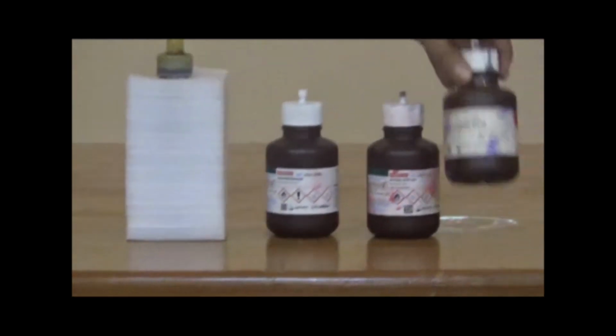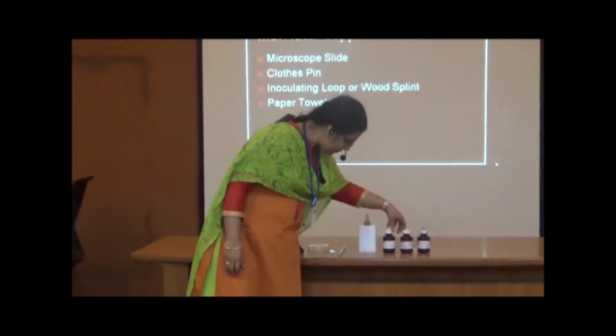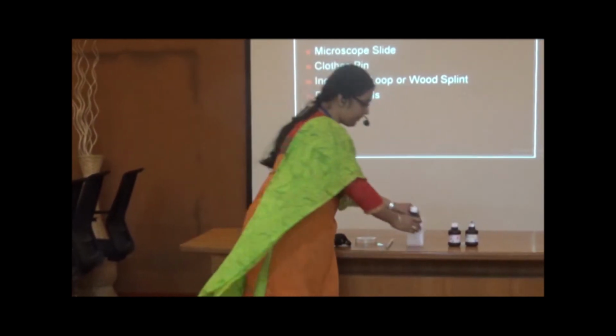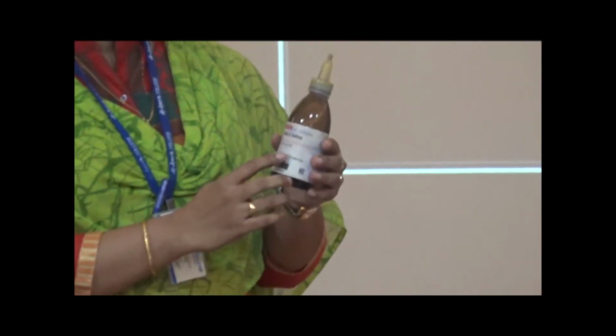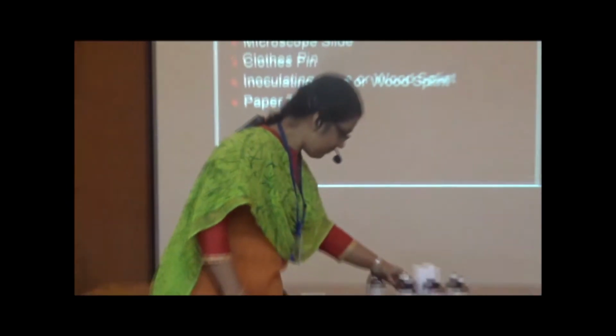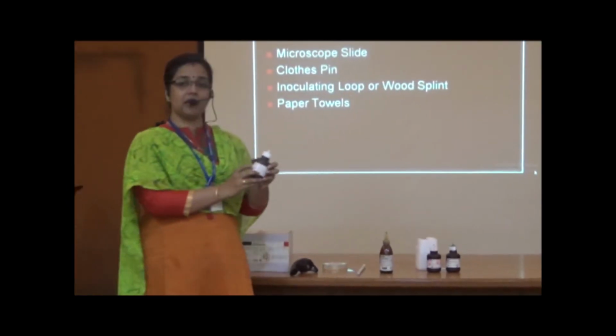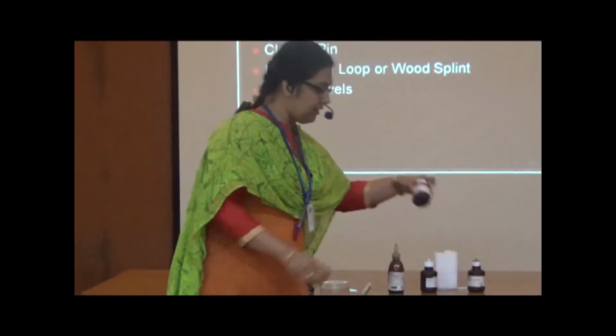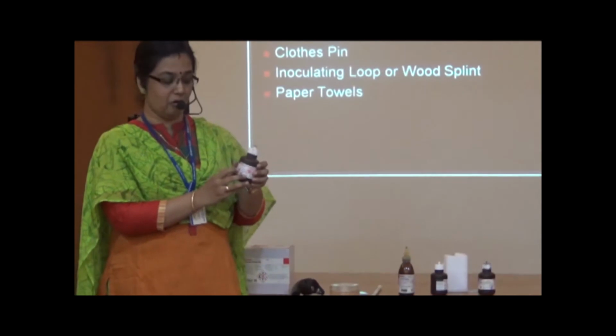The first one is the gram crystal violet, the primary stain used for the gram staining. Second one is gram's iodine. Third is gram decolorizer. And last one is safranin, known as secondary stain or counter stain.